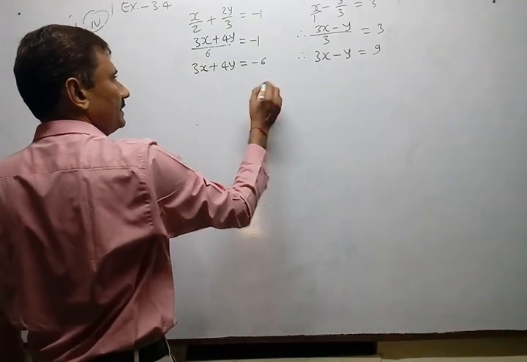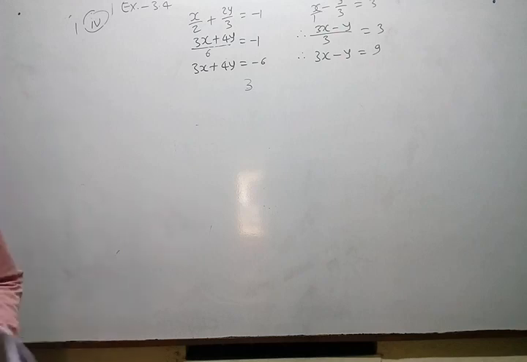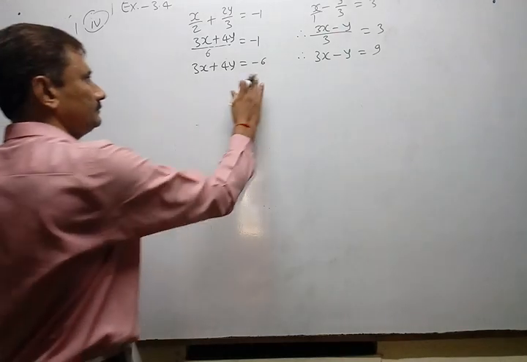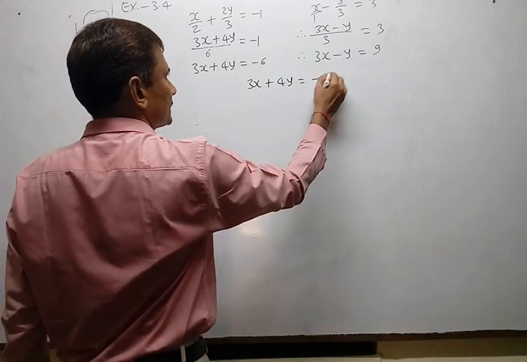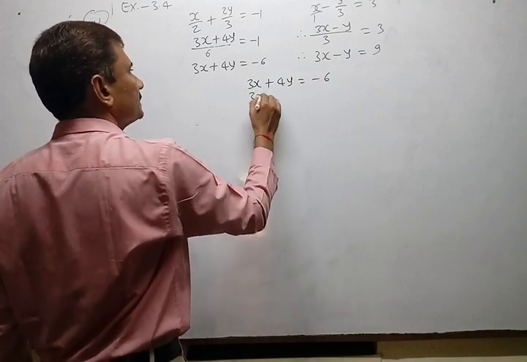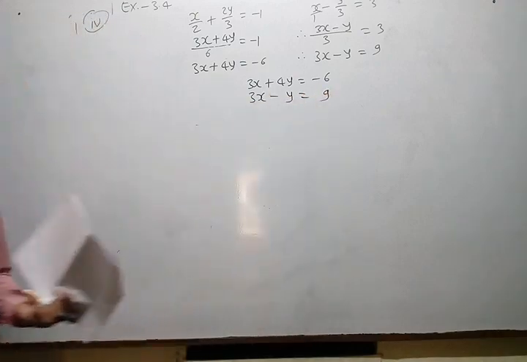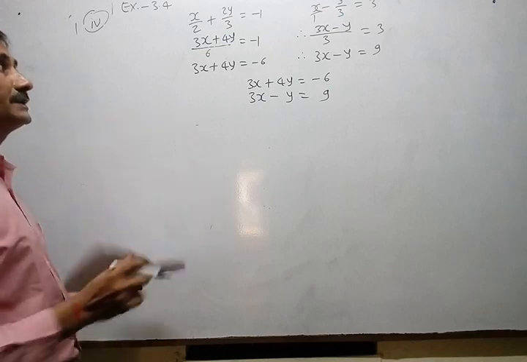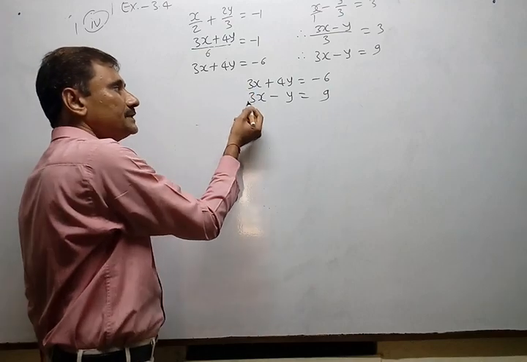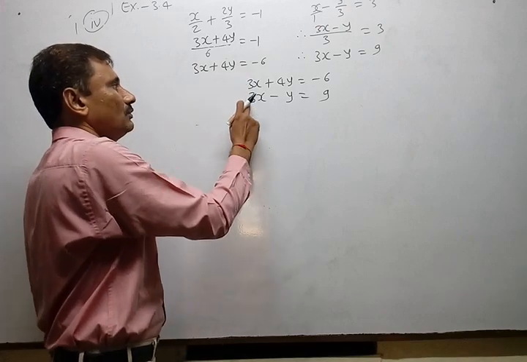Now just write that way, 3x plus 4y equal to minus 6. 3x minus y equal to 9. In both equations, it is x only, 3x only. So coefficients are already equal here. Look at, coefficients are already equal.